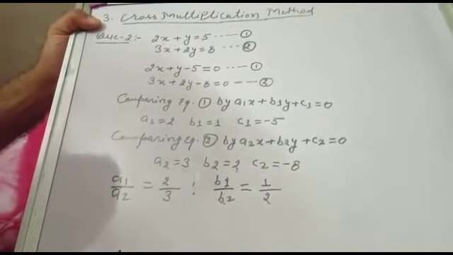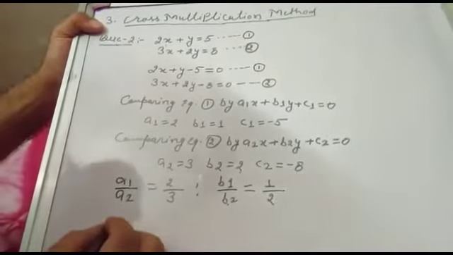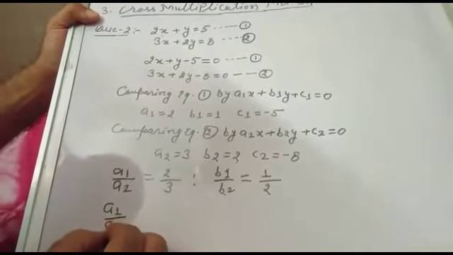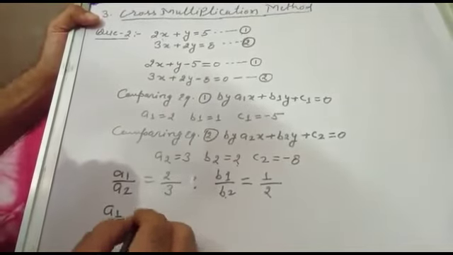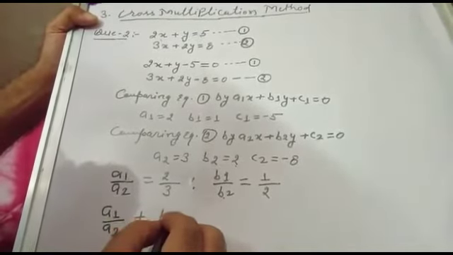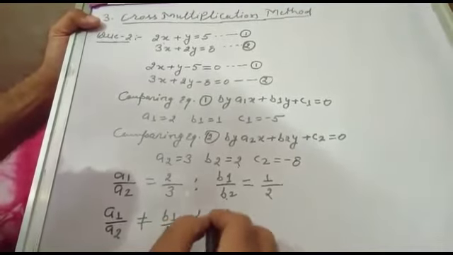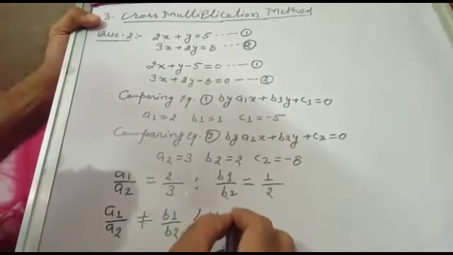Comparing the conditions, a1 upon a2 is not equal to b1 upon b2, so the solution is a unique solution.